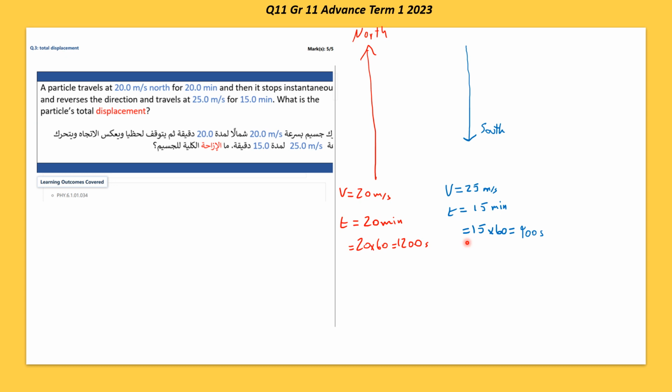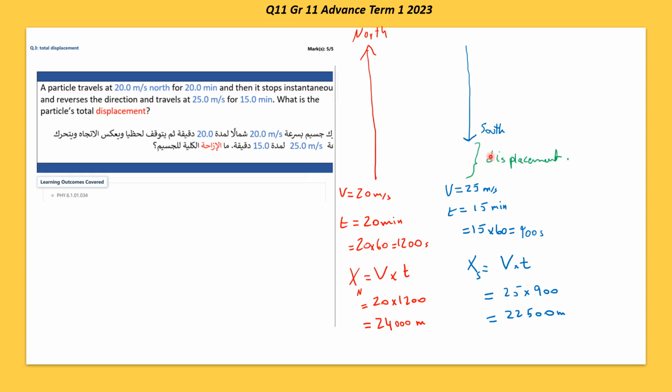Okay, so asking for the displacement. Of course, displacement is the difference between the distance traveled first and the distance traveled to the south. So we need to calculate the distance first when going north. So of course it's velocity multiplied by time for the first case and velocity multiplied by time for the second case.